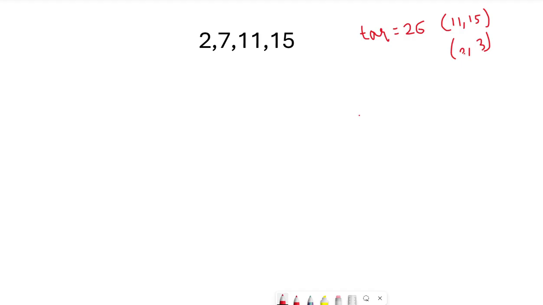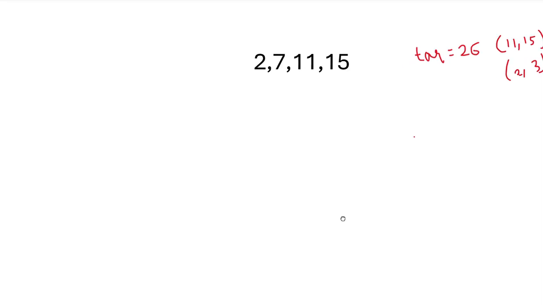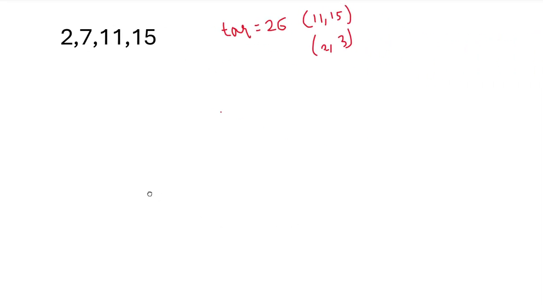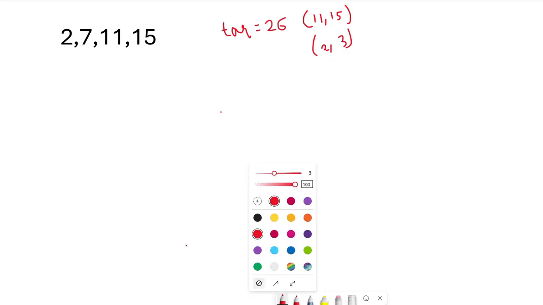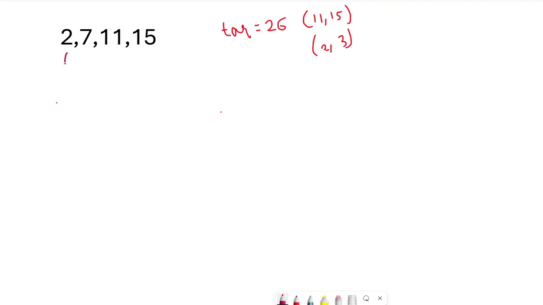But let's try to implement it. If you see the brute force solution, how we can think of this is, I can iterate over each element one by one and add it to another element and check whether I am able to get that sum.